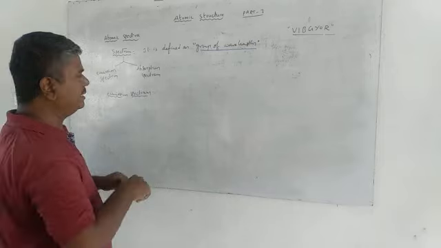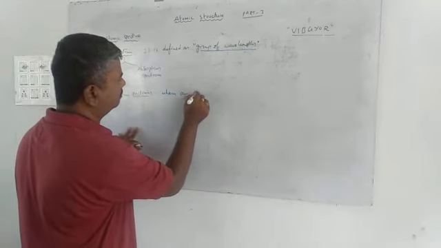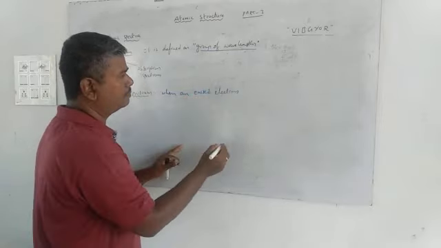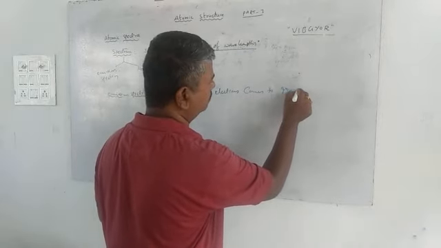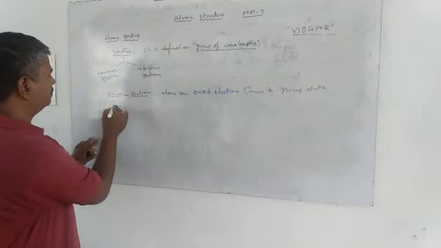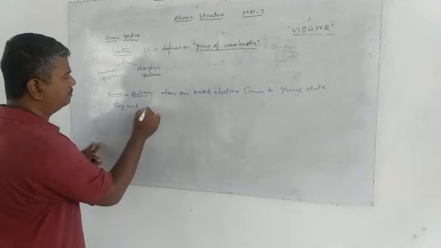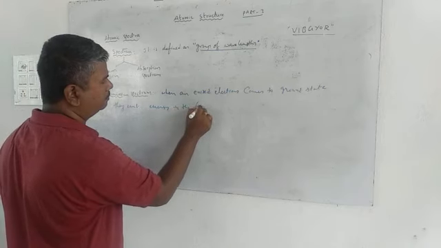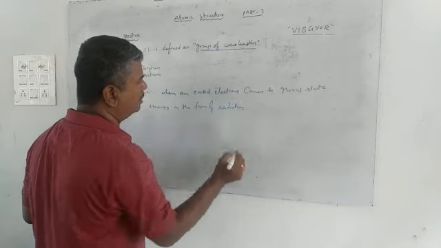When excited electrons come to the ground state, they emit energy in the form of radiation.